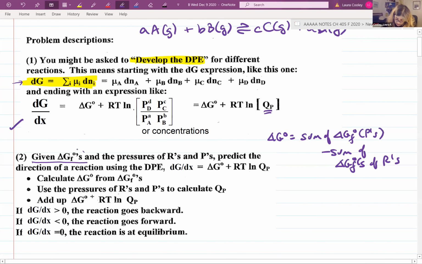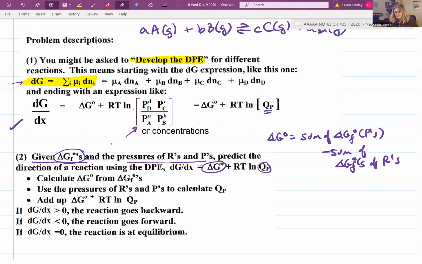So if you're given these delta G F zeros, and you're given the pressures of the reactants and products and everything is a gas, then you could calculate the delta G zero and calculate the Q, which you get this way. And if the answer is positive, the slope is positive, the reaction's going to go backwards.